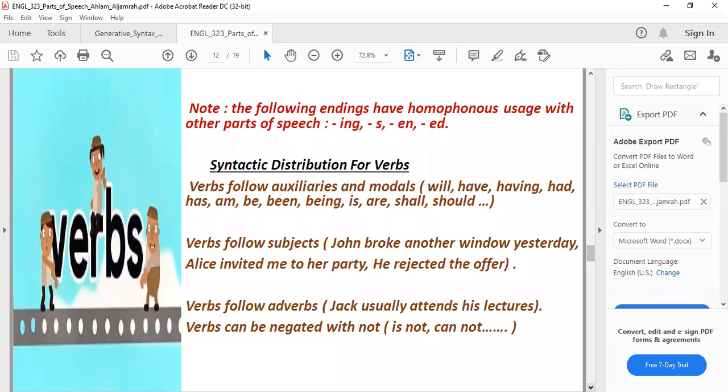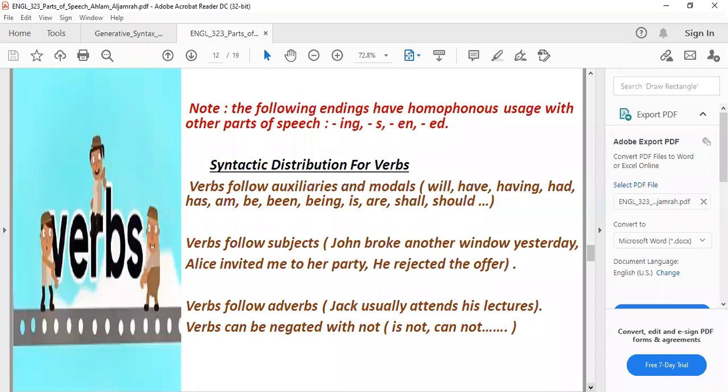So verbs follow subjects. John broke another window yesterday. John is the subject. It's a noun and functions as a subject. Broke is a verb. Another window is the object. Yesterday is an adverb, okay? Alice invited me to her party.